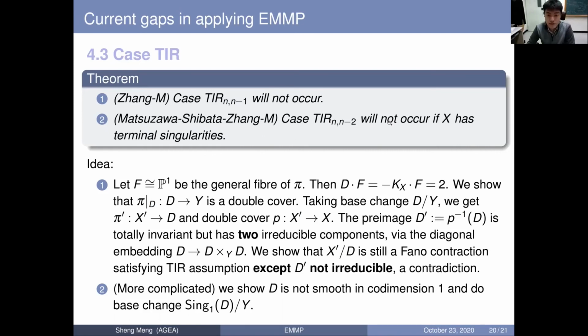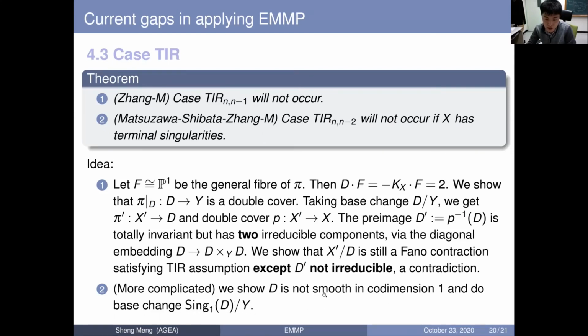In the relative dimension 2 case, it is much more complicated, and our proof is a little bit technical. First, we show that D is not smooth in codimension 1. And then we do the base change, the base change of the singular locus.